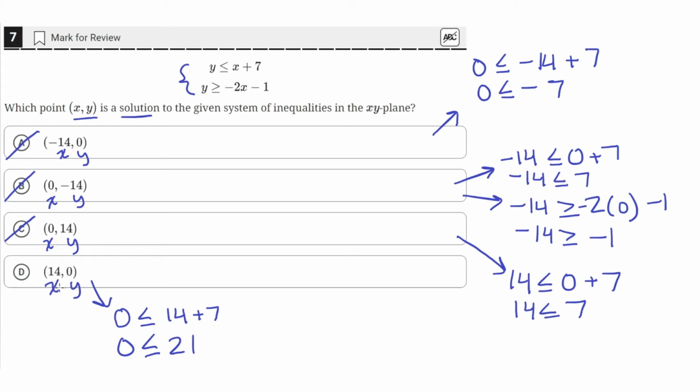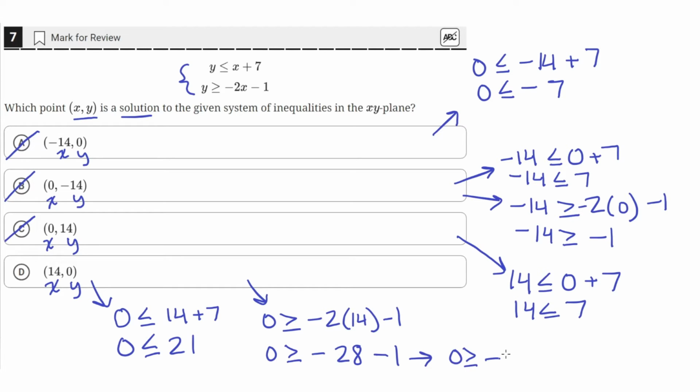And then when we plug in answer choice D into the second equation, we will get 0 is greater than or equal to negative 2 times 14 minus 1, which simplifies to 0 is greater than or equal to negative 28 minus 1, which is just 0 is greater than or equal to negative 29, which is true because negative 29 is a negative number, so 0 is greater than negative 29.